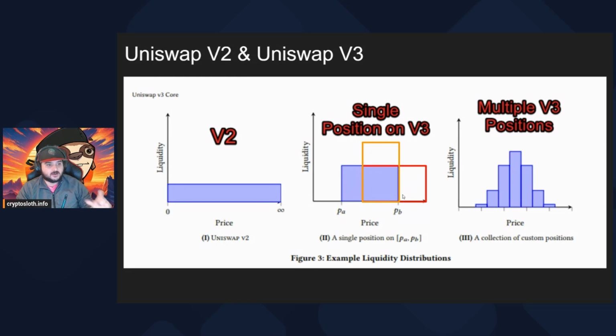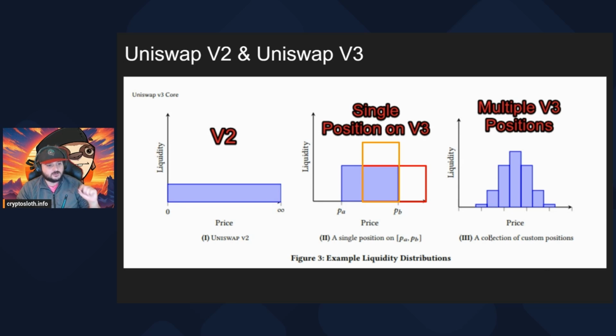And now there's $1,000 of liquidity between 50 cents and $1 with this example. And so when you overlap positions on a V3 system, the amount of liquidity at those discrete price ranges increases proportional to the amount of liquidity that is overlapping at that price. And that is what these multiple V3 positions represent right here.